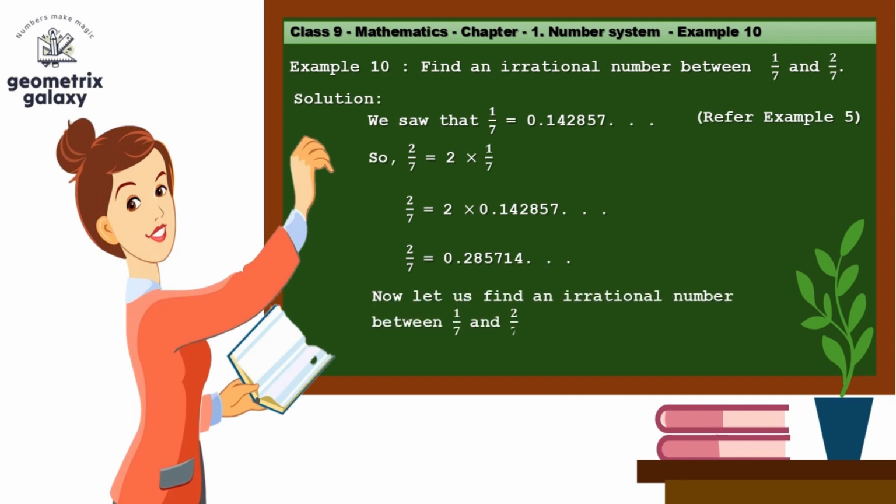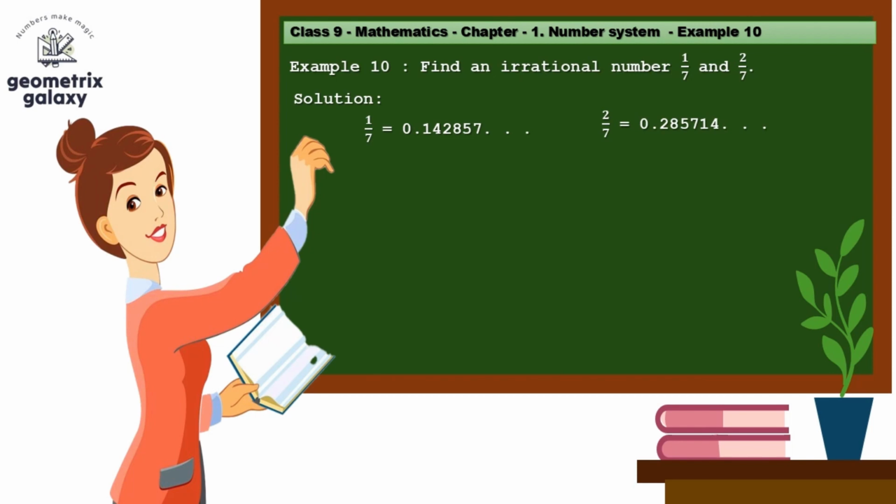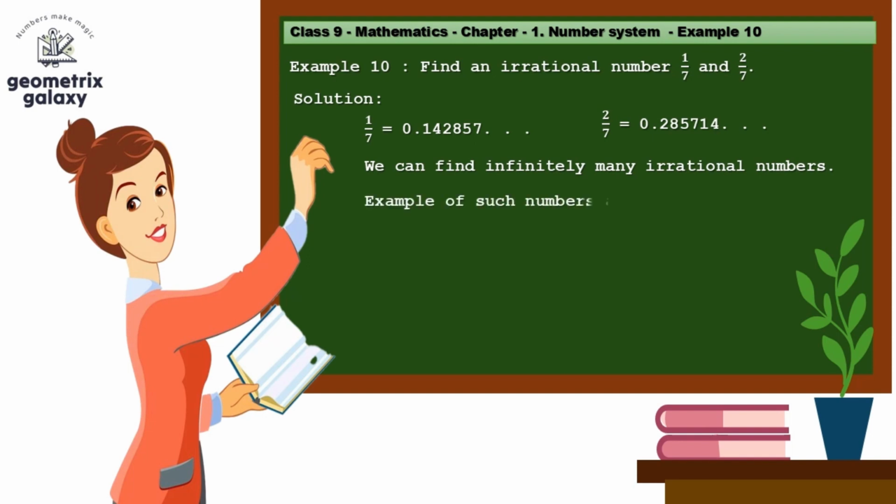So finding an irrational number between 1 by 7 and 2 by 7 is nothing but writing a decimal value which is non-terminating and non-recurring. Take the values of 1 by 7 and 2 by 7. There are infinitely many irrational numbers between these two numbers. I have given you 4 examples even though they have asked only one. See here students, check this.